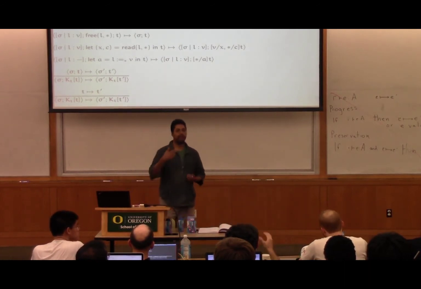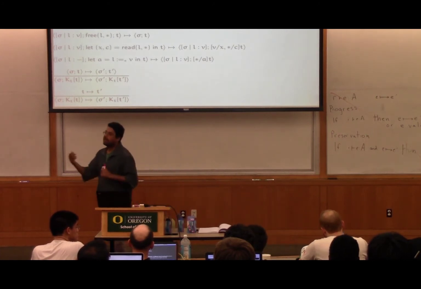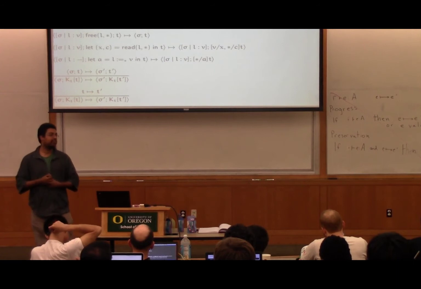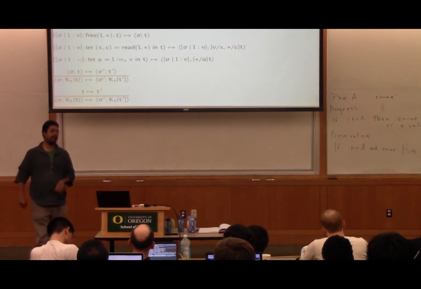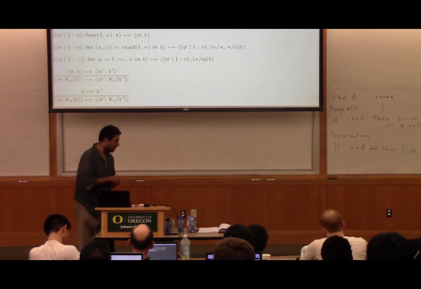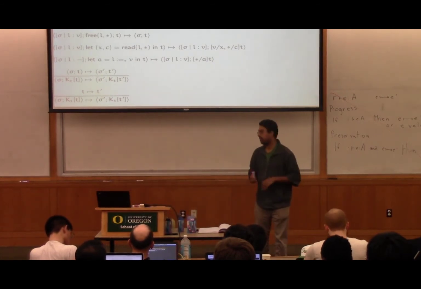So we have a mathematical property of safety, and we'll show that every well-typed program is a safe untyped program, and then we'll have a semantic type safety argument. And so that's the approach we're going to take in this class.